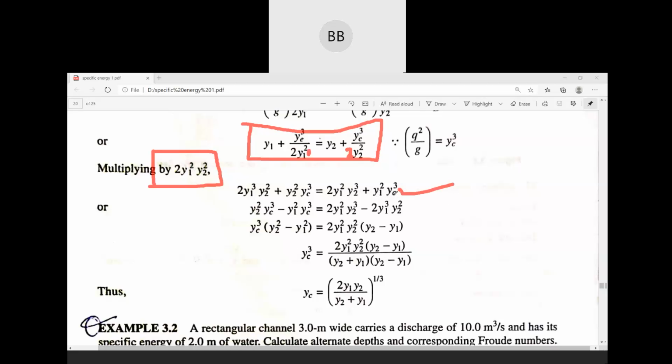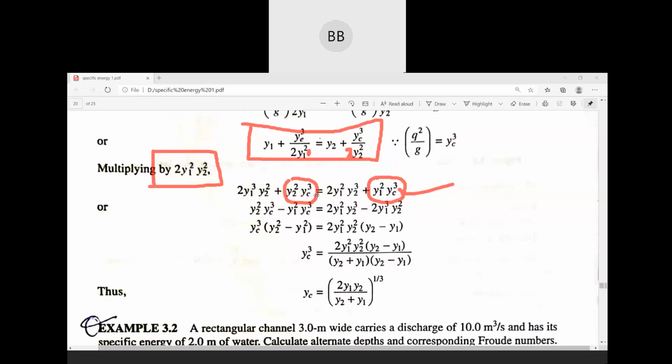Then you bring yc cube to one side, that is, the left hand side, because we are going to find an expression for yc cube. Or you can say we are going to find an expression for yc. So we have this term y2 square yc cube.